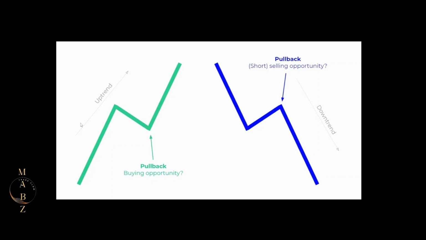In a buying opportunity, we want the market to already be in an uptrend. And then within an uptrend, we want to buy after the market pulls back. After the market sort of breathes and takes a deep breath, we want to ride the wave when it continues moving in the direction of the trend. So in an uptrend, we want to buy after the pullback.